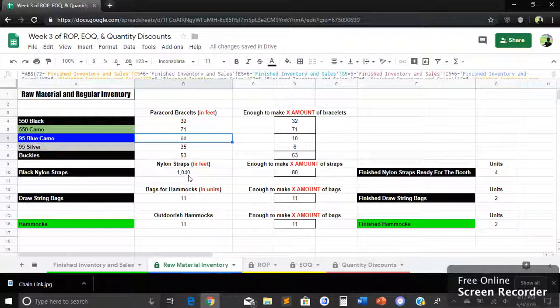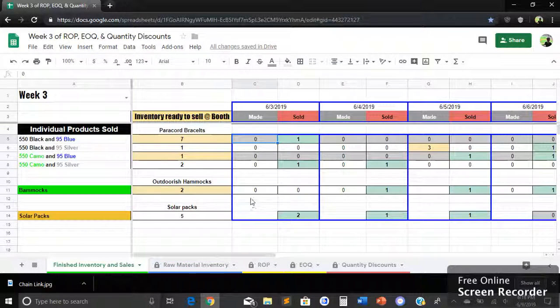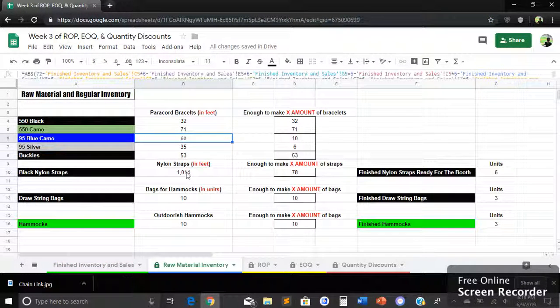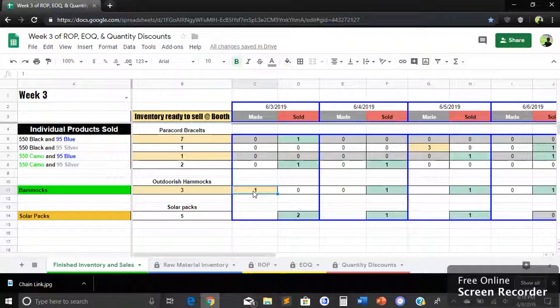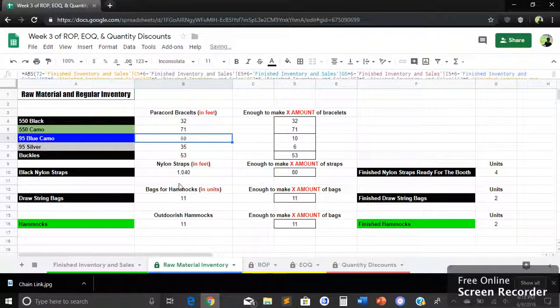When I put in one bammock that's been made, it'll subtract 26 feet here, 1 drawstring bag, and 1 nylon hammock here. Hypothetically I made one, and I go back: 26 feet subtracted, 1 unit subtracted, 1 unit subtracted. And if I go back and change it, it went back to what it was previously.